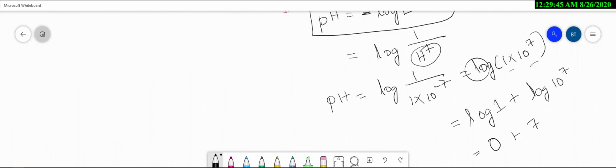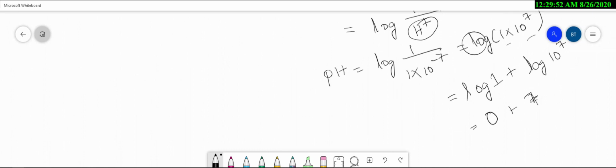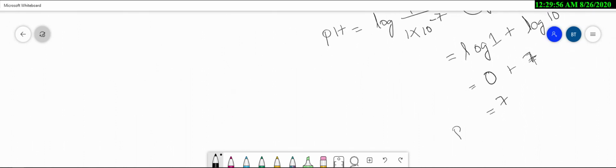Anything raised to the power of 10 in a logarithmic value gives the whole number. Now 0 plus 7 is nothing but 7. This is where we consider the pH value of water, where the hydrogen ion concentration is 7 in index value. H plus ion here is 7 and it is noted as pH equal to 7.